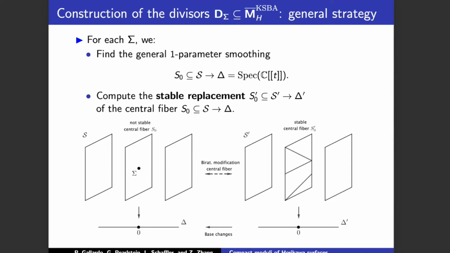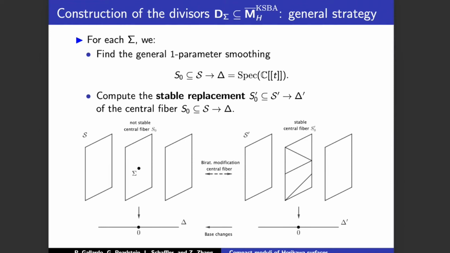So the fundamental tool that you have in KSBA theory, and here is where the minimal model program comes into play, is that you're guaranteed that after a certain amount of birational modification of the central fibers, which are blow-ups, some contractions, and possibly some flips, and possibly combining this with some base changes, so you see here we go from delta to delta prime, you obtain a new family S prime, where the new central fiber S0 prime now may be broken into many pieces. Those are supposed to be many irreducible components, but it's going to be a stable pair.